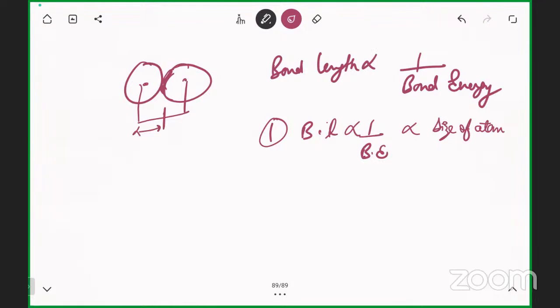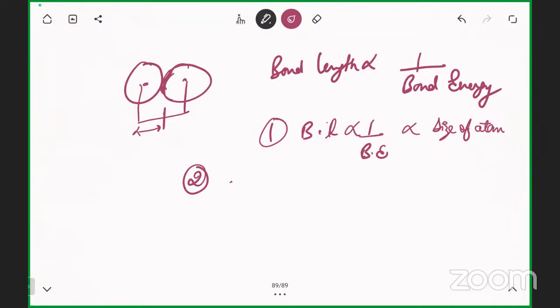If the size of atom is bigger, it means more bond length will be there, and then bond energy will be less. Normal.